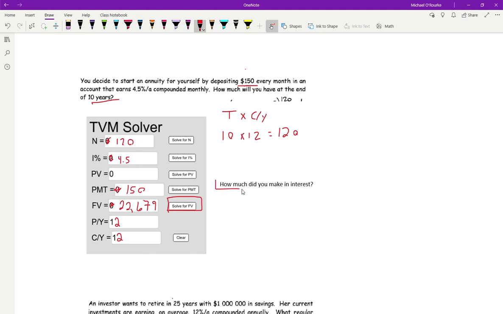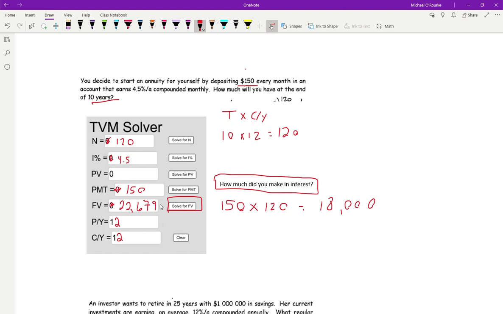Okay, I have a second question here: how much did you make in interest? Well, we've got to figure out how much we put in. Every time we put in $150, and we put in 120 times total, because over 10 years we did 12 each year. So 150 times 120, we put in $18,000 into this investment.